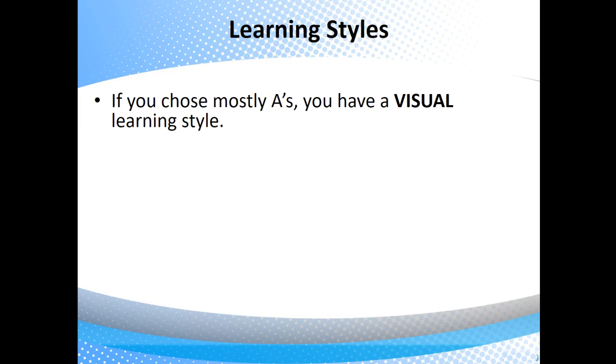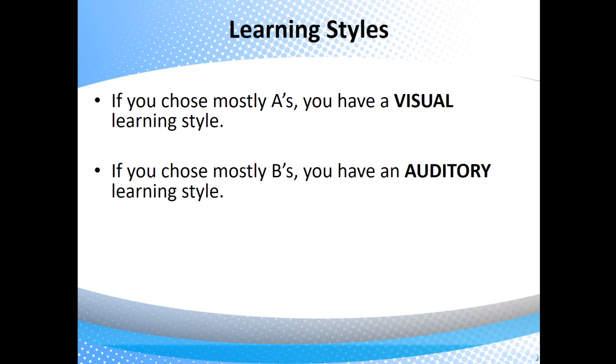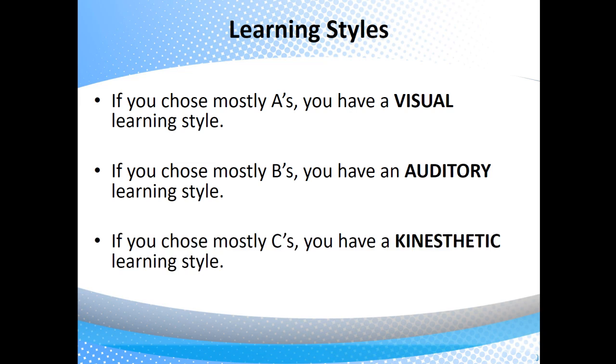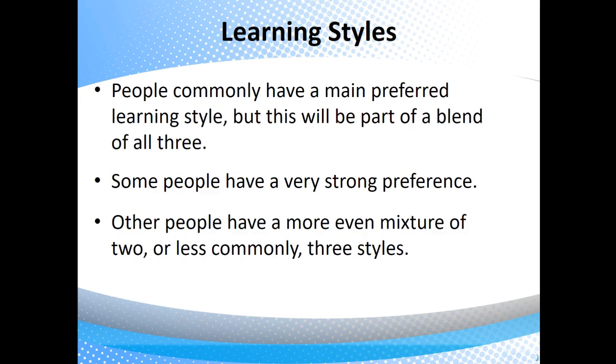Of course, if you chose mostly A's, you have a visual learning style. If you chose mostly B's, you have an auditory learning style. And if you chose C's, well, you have more of a kinesthetic learning style. Commonly, people have a main preference, but it is also a blend of the other two.